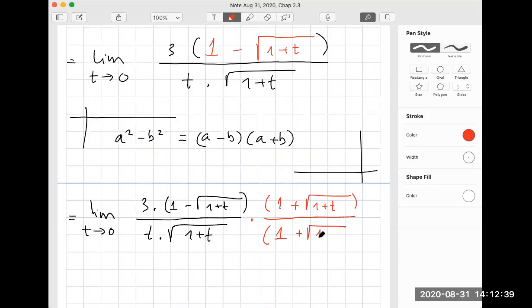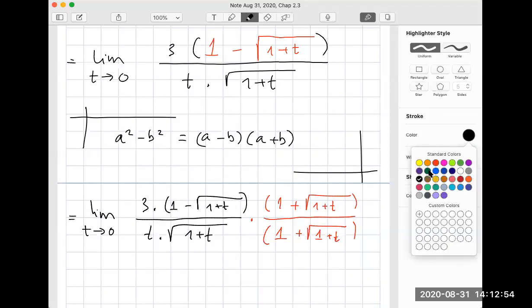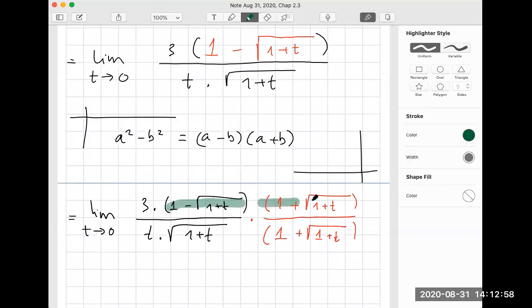This is equivalent to multiplying by 1, right? Nothing's changed. We're still good. But now, this guy times this guy, apply this rule.